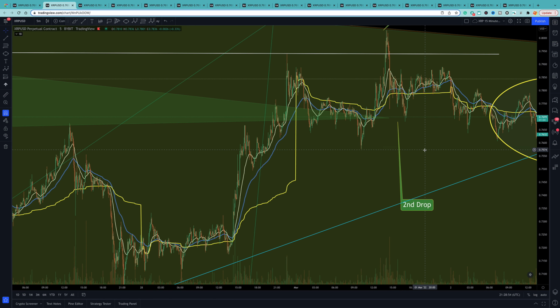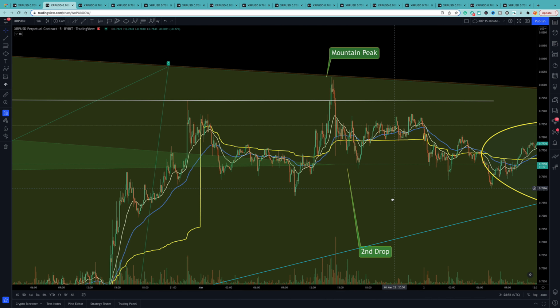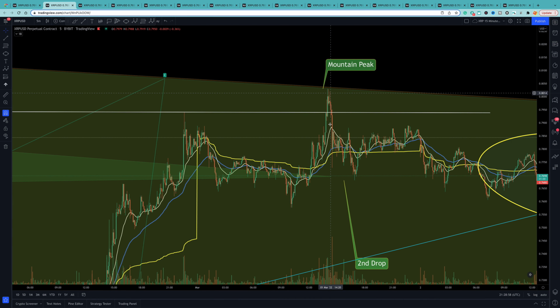So now we're looking at this. This is the one where we're asking, is this the breakout now? It's after breaking the local highs. Are we breaking out here, or is this a fake out? One of the things you'll notice is when you've got the final push to mountain peak, often there's a rush to it.